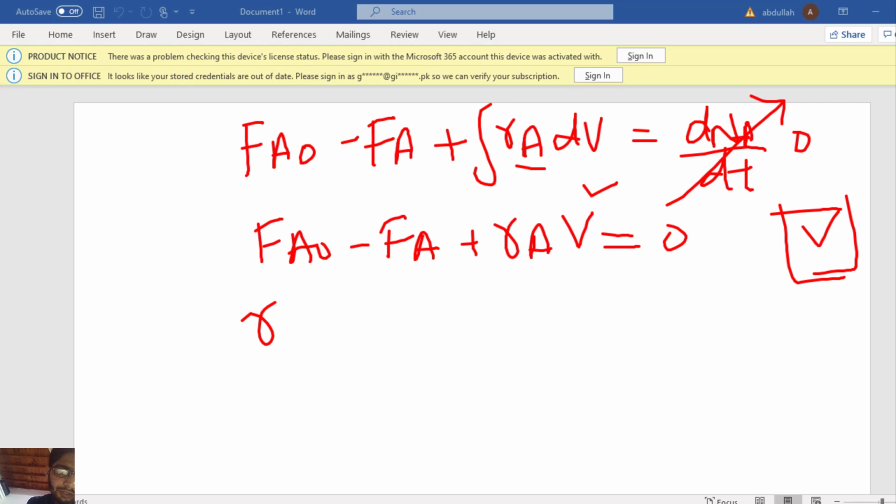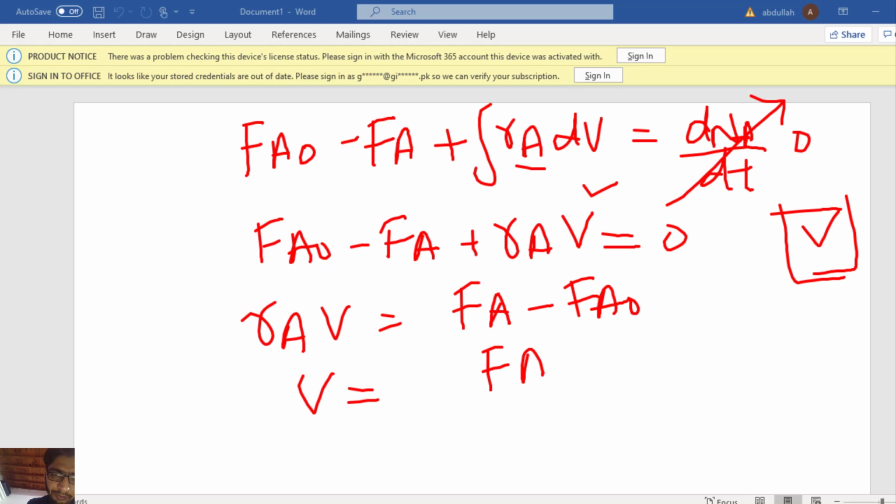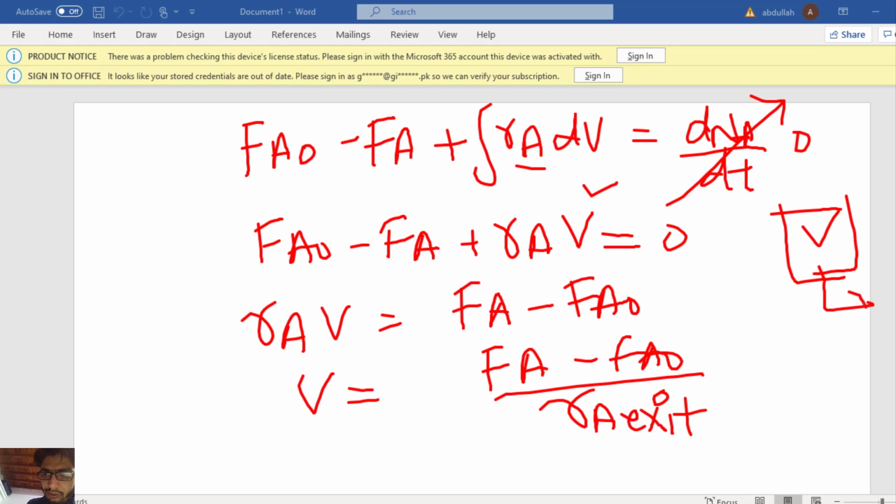Now we can also rearrange this: the volume of the CSTR is FA0 minus FA divided by RA, and this RA is the exit rate of A, which is nothing but the rate present in the CSTR.